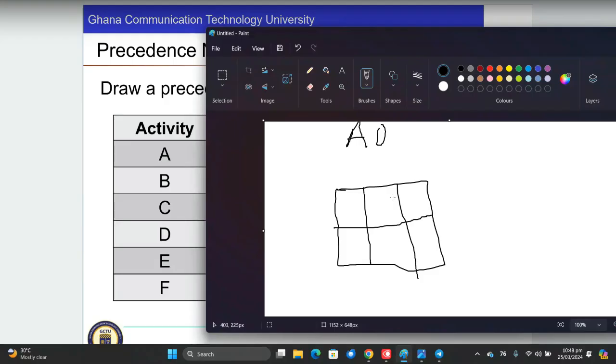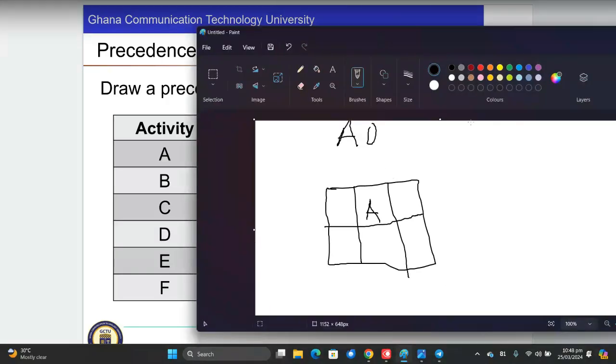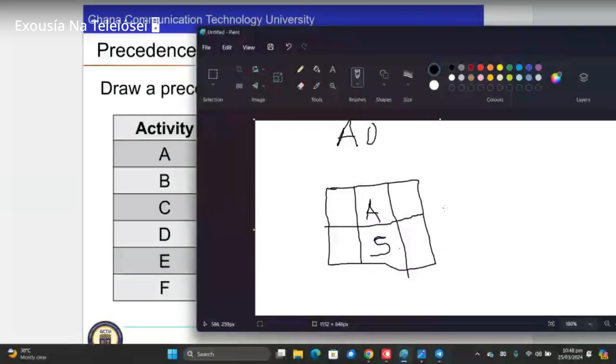This is the activity name, say A. Then you put the duration. A has a duration of 5 days, so we put 5 here. That is the simple thing about the precedence diagram. That is how we do it for all of them: B the same, C the same, D the same. Please, are we together?